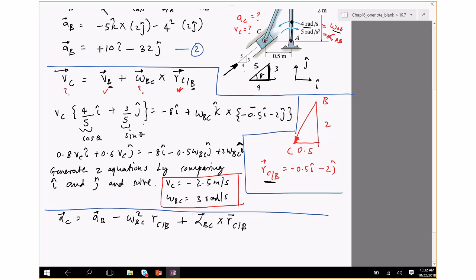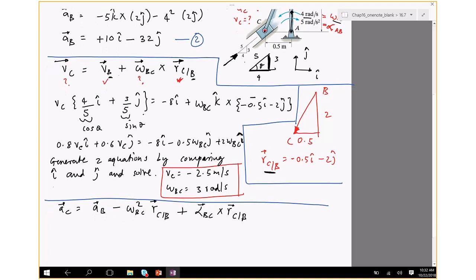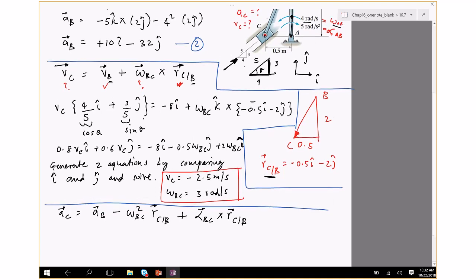Okay, again the same thing. We'll end up in a similar situation where we know what the direction of AC is. It's going to be along that slot.